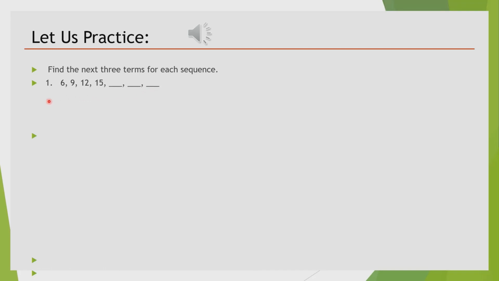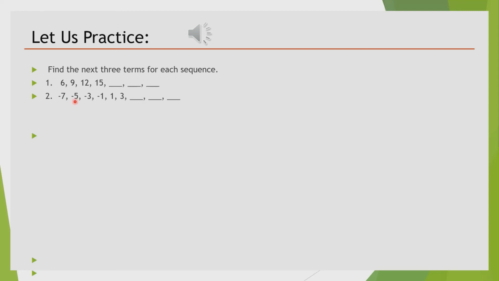24. Okay, for number 2, you have negative 7, negative 5, negative 3, negative 1, 1, 3. What is the a sub 1, a sub 2, a sub 3, a sub 4, a sub 5, a sub 6, a sub 7, and a sub 8, a sub 9? Our last 3 terms. What do you think?